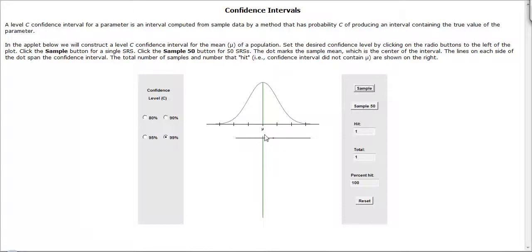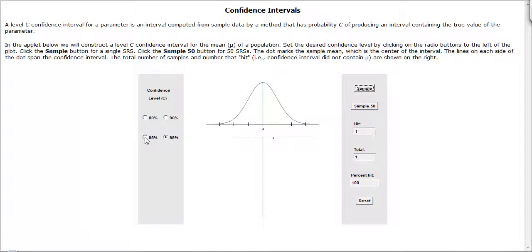And if our interval intersects this green line here, then we tally it as a hit, and we go ahead and compute the percentage of those intervals that hit, and we have an idea about what our population average is. So with this particular example, we see that our interval stretched out, and it did intersect the mean line here, so it was counted as a hit.